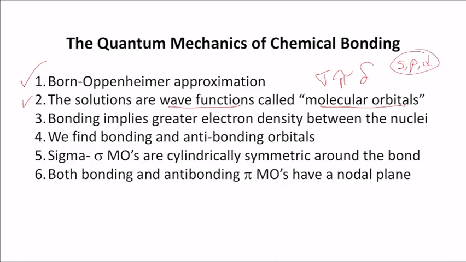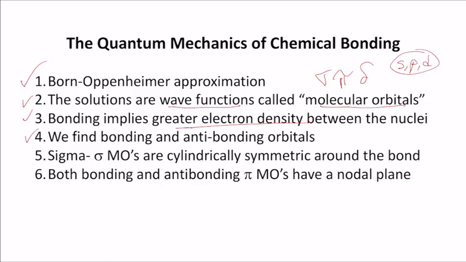Very creative. Then that bonding implies greater electron density between the nuclei. The nuclei, if you remember, are positively charged. So if you put negative electron density between them, then you allow them to get closer.